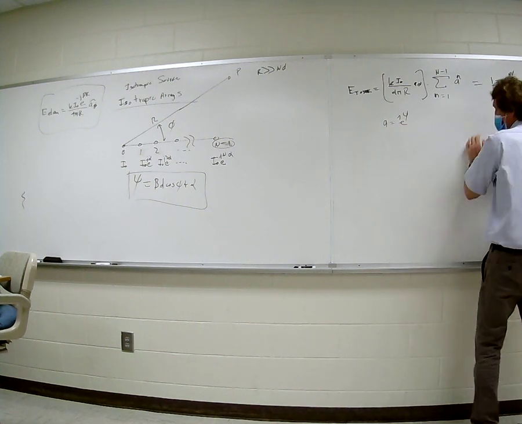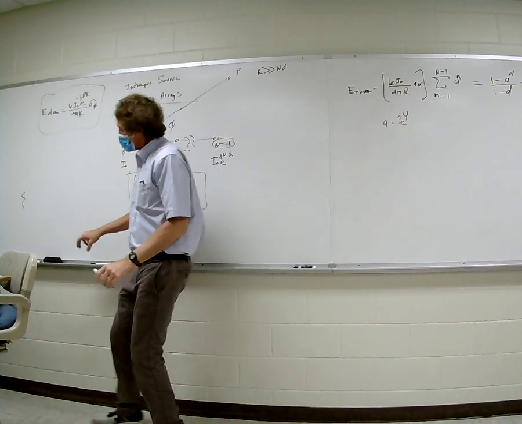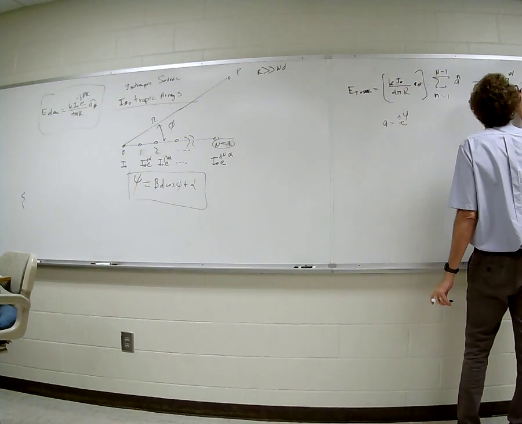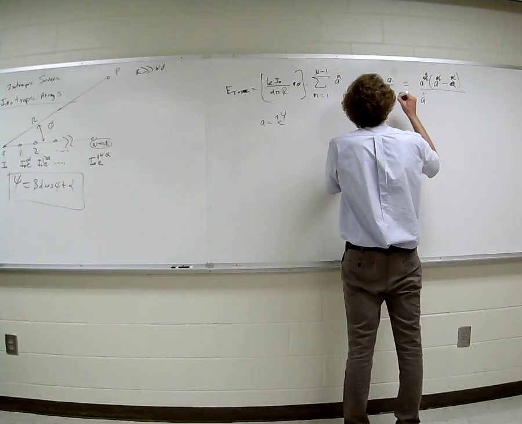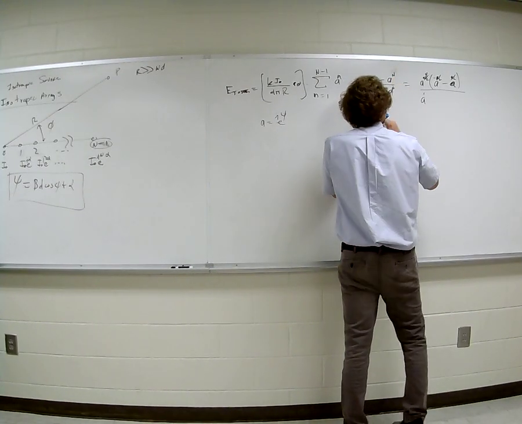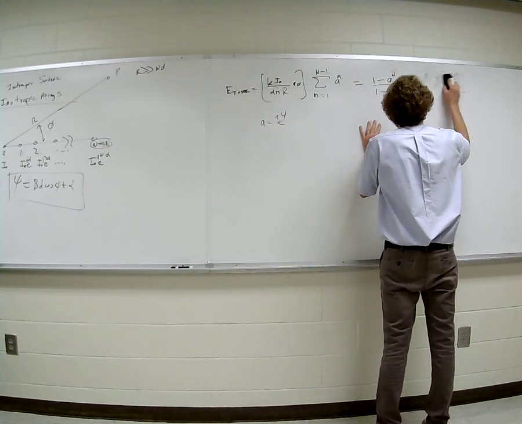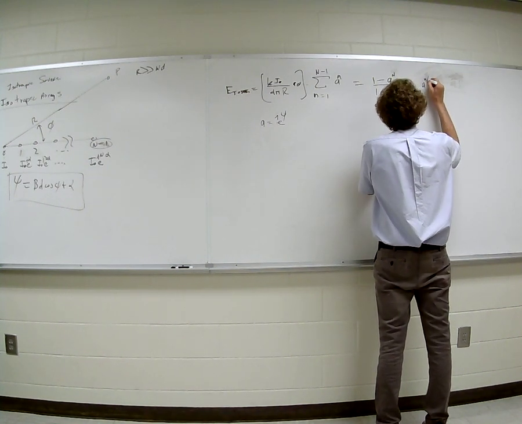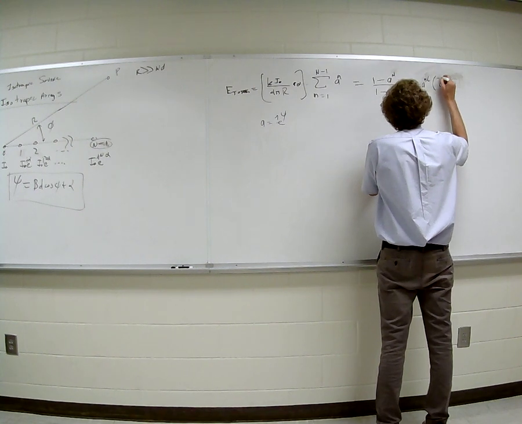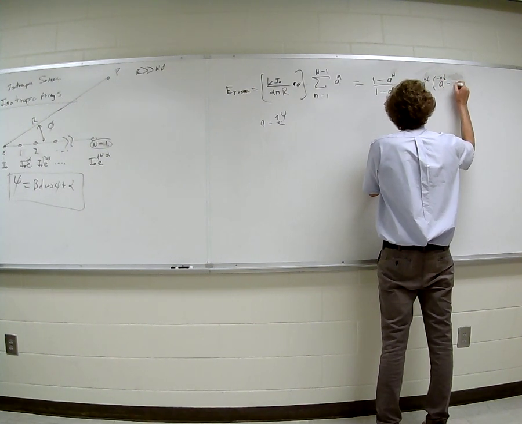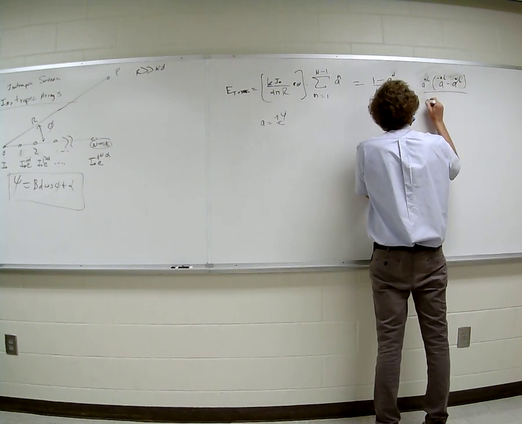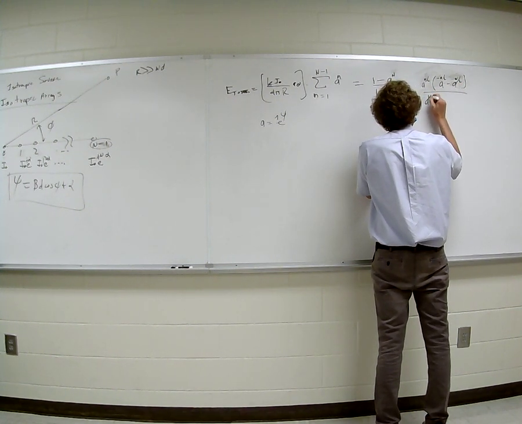Well, actually, no, I can leave that off because I've got it right there. That's just n. Sorry. And then this, just for completeness' sake, would be a to the n over 2, let's just say to the 1/2.